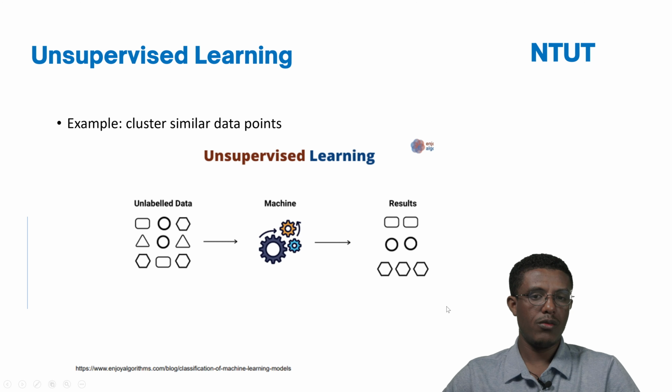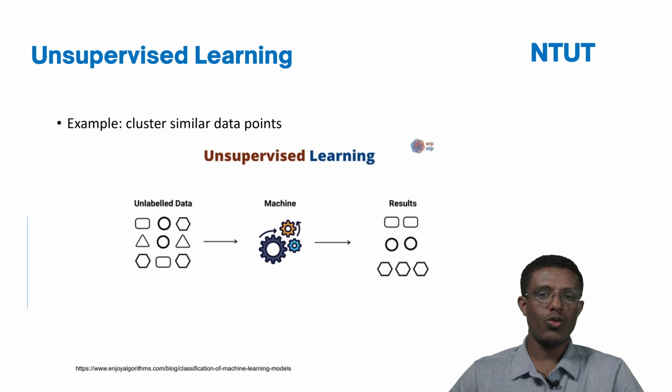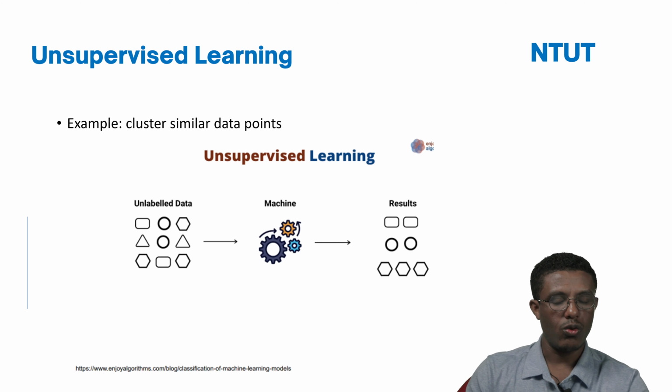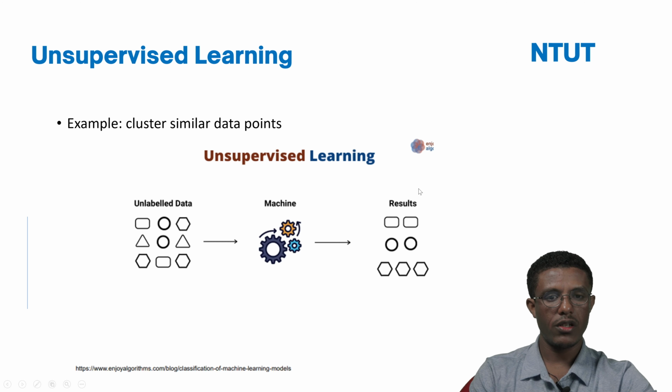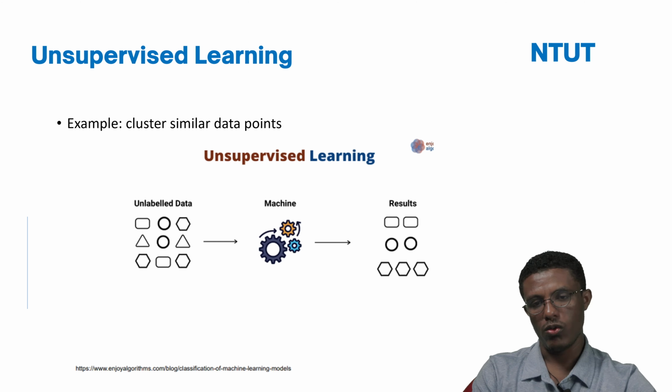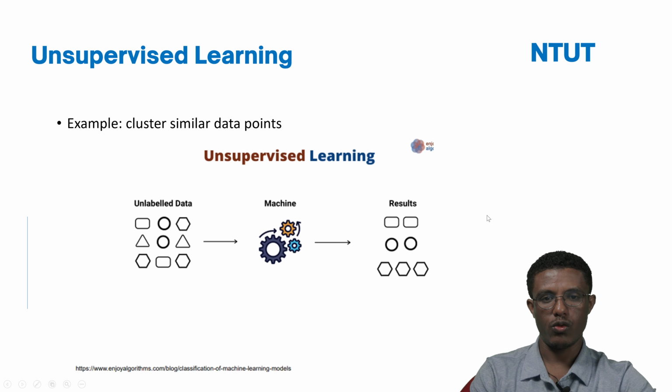So by using hidden patterns and features, it tries to cluster similar data together. We give these different shapes to the machine, and the machine just clusters the data based on the similarities. So if our data is only this type of data, we try to use clustering, unsupervised learning.